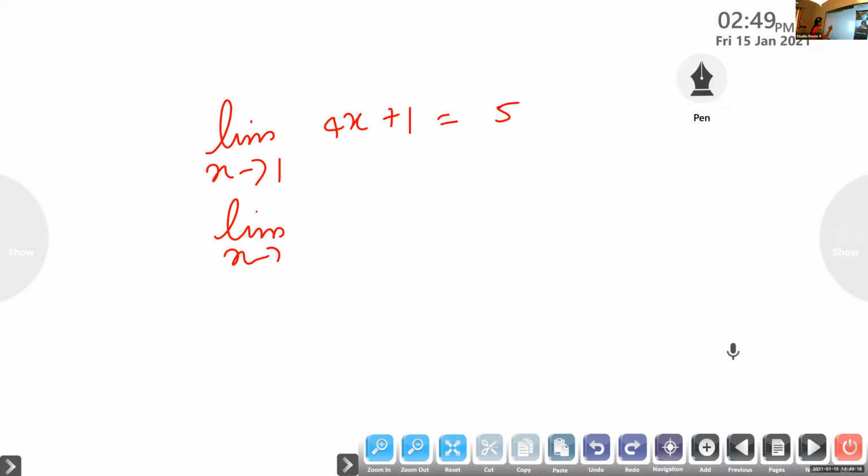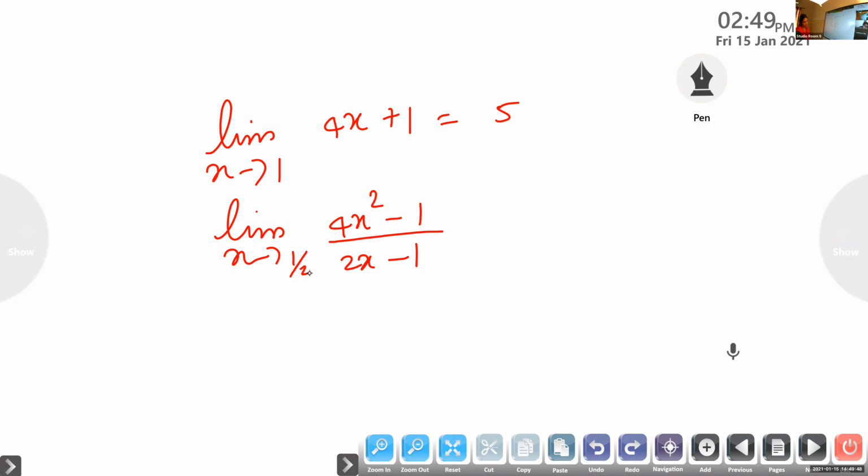What is this one? Evaluate the limit as x tends to 1 by 2 of (4x square minus 1) by (2x minus 1).